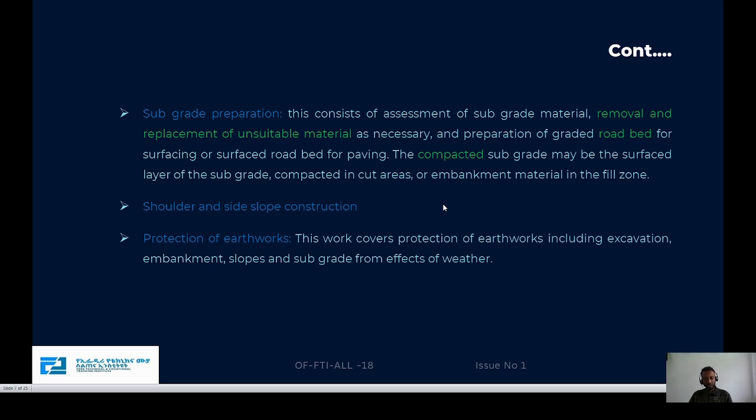After excavation comes subgrade preparation. This includes assessment of subgrade materials, removal and replacement of unsuitable materials, and preparation of the graded road bed.